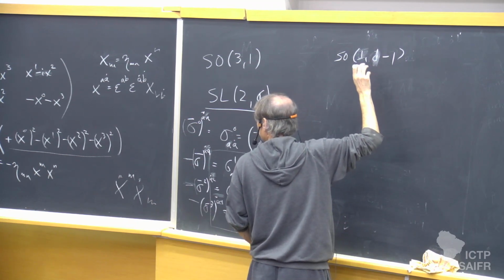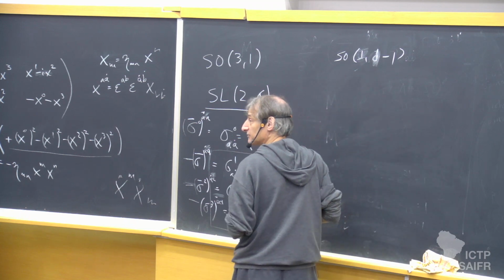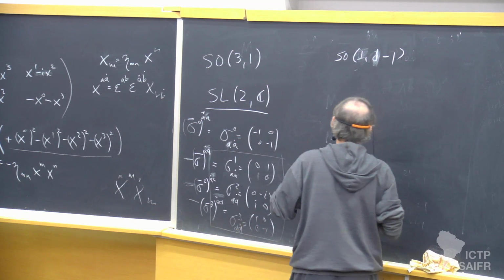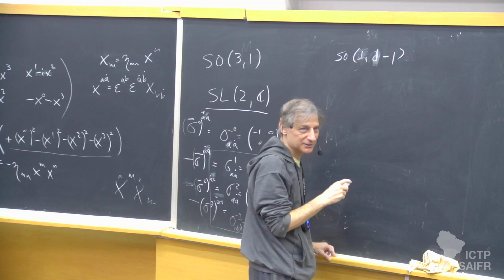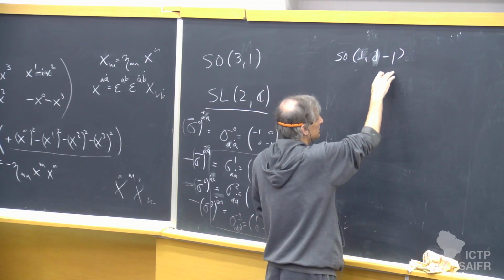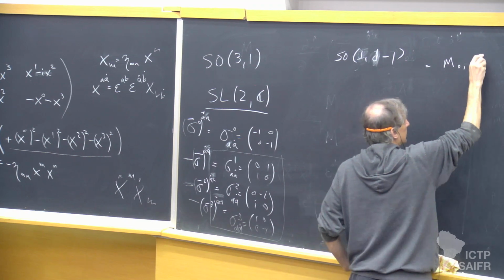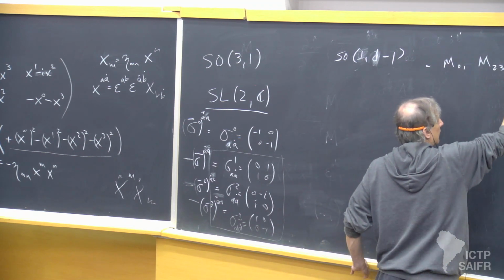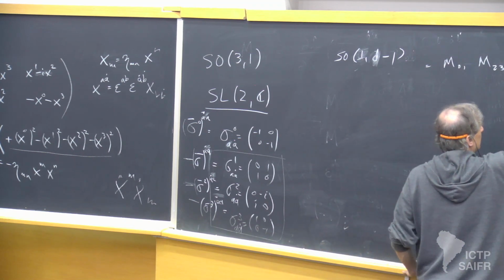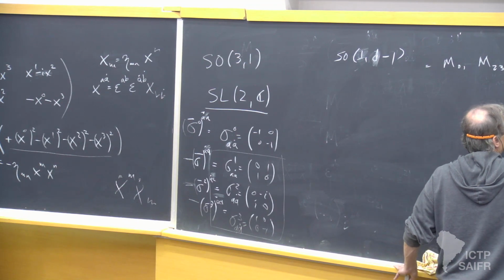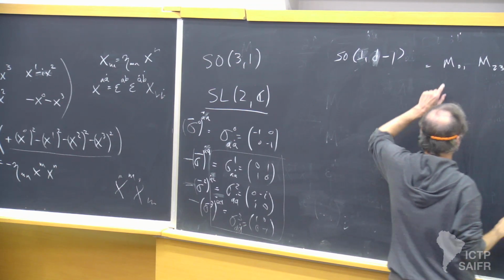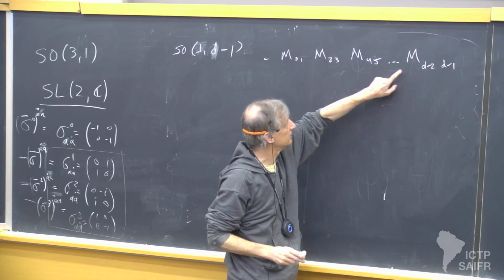I think it's not going to make sense to try to do it in 5 minutes, so I'll just say the answer, and you can ask questions later if you want. The idea is that you split these into 0, 1, 2, 3, 4, 5, up to D minus 2, D minus 1. These are a subset of the Lorentz generators.